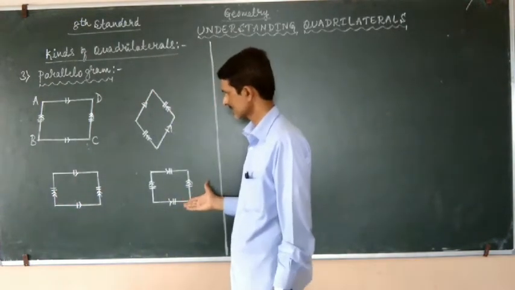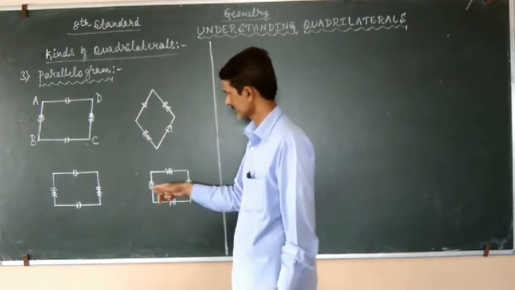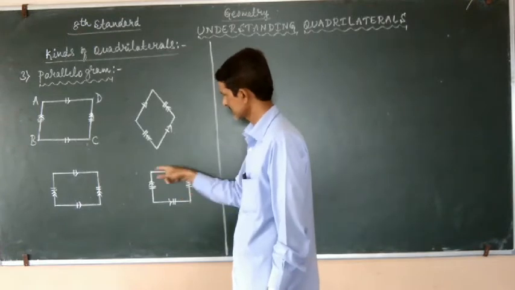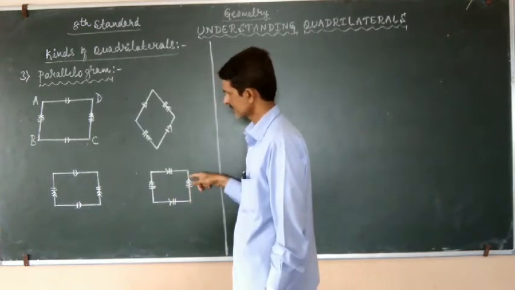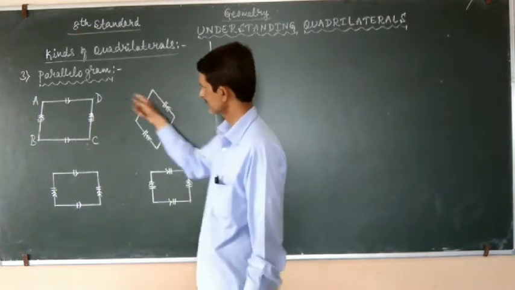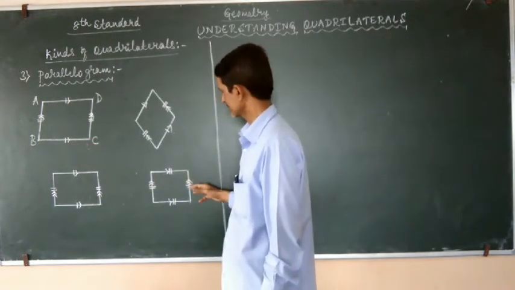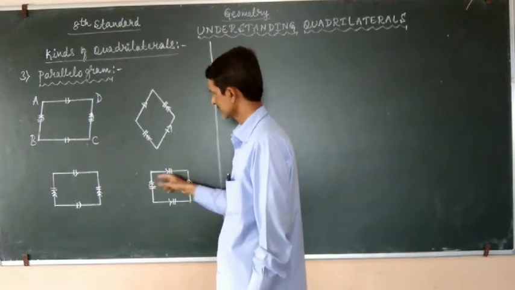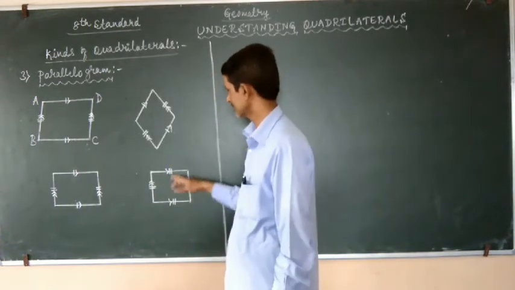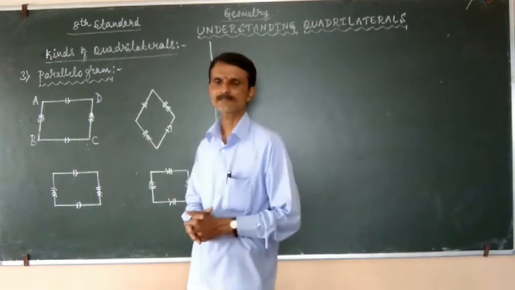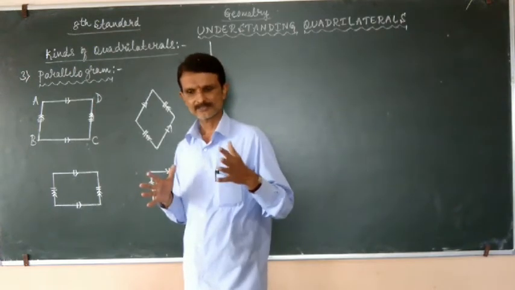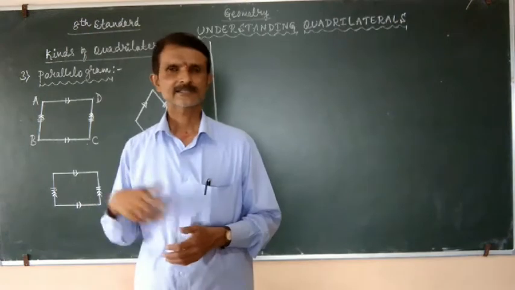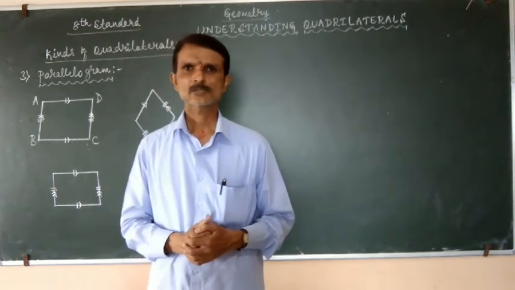If you observe this last figure, once again, here all the sides are equal. So this figure differs from these three figures. Here all four sides are equal and opposite sides are parallel. From this we can state the definition of the parallelogram.